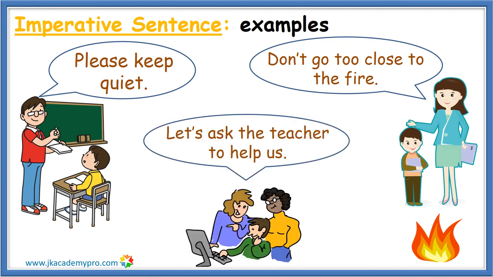Third example, let's ask the teacher to help us. In this example, we find that the speaker is suggesting that they ask the teacher for help. All these examples indicate imperative sentences.